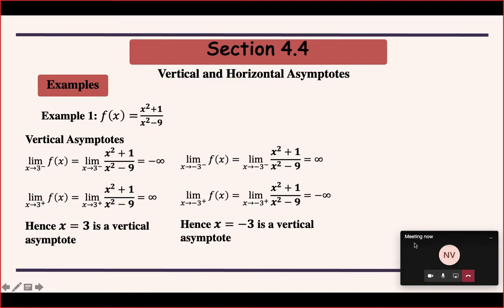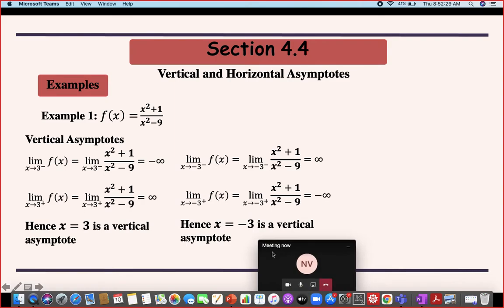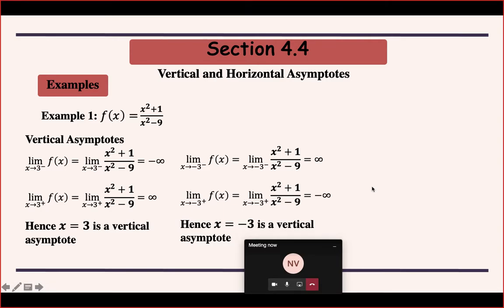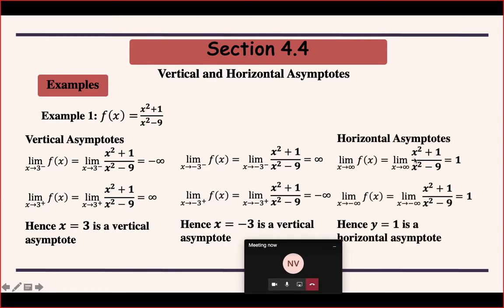Regarding the horizontal asymptote, what you have to do is find the limit of this expression as x tends to infinity. For that we'll apply the method where we divide by the highest power of x. When we divide the numerator and denominator by x square, we get 1 plus 1 by x square here and 1 minus 9 by x square.